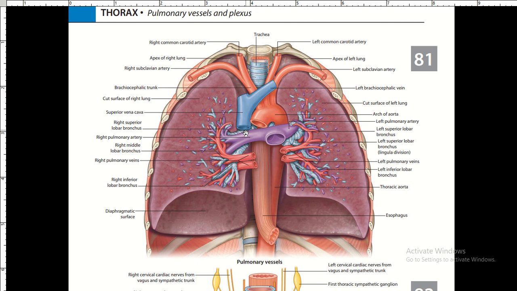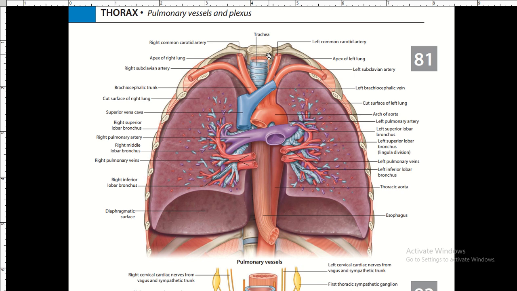These constrictions are clinically important because they are going to be sites where most esophageal carcinomas are going to be found. And also, if there is lodging of a foreign body, or let's say something that has been swallowed, it is more likely to stay or to reside along these constriction sites.